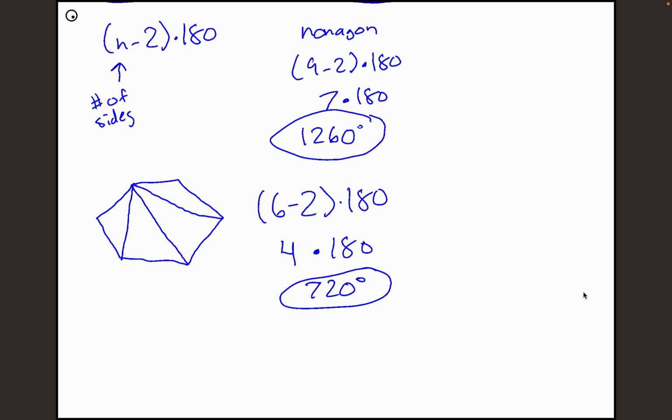So let's say we have a decagon. How many diagonals are in a decagon? How many sides is a decagon? 10. So it's just 10 minus 2. And that finds the diagonals or the triangles.